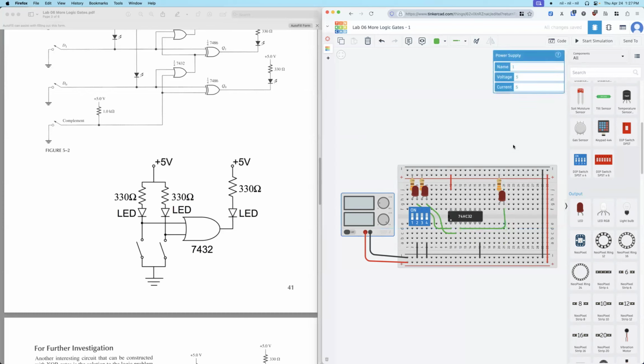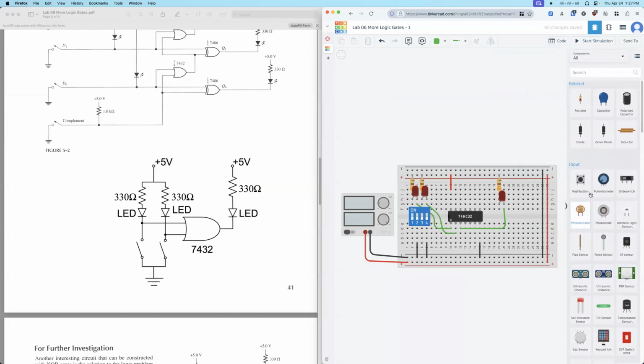Oh, this one 5, so voltage 0, offset is 0. Oh no, this is current. Doesn't matter. So voltage, make sure it is 5 volts. Okay. Then we can start simulation. So in this way, oh, I forgot the meter. So we need one more meter.